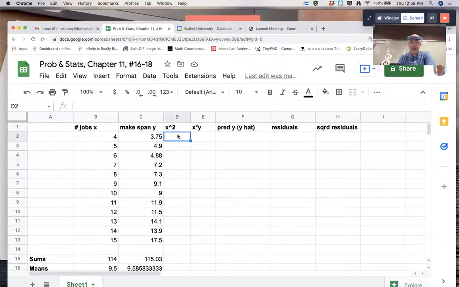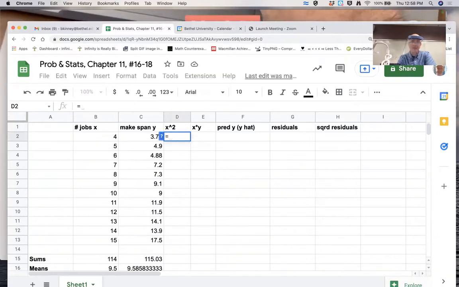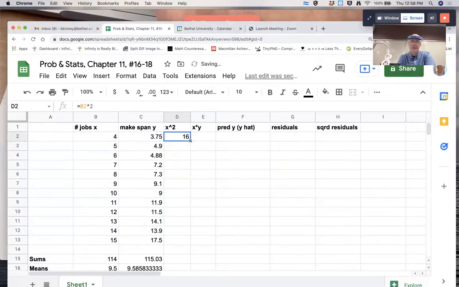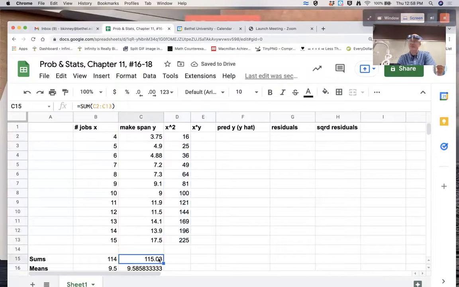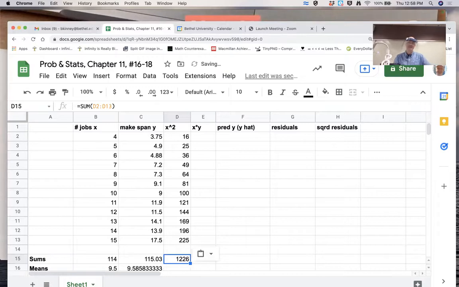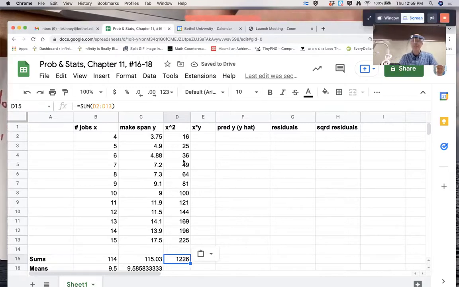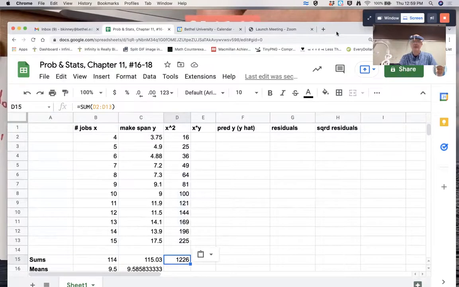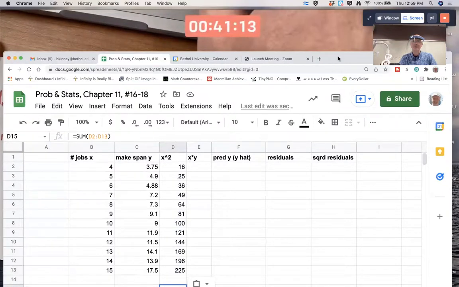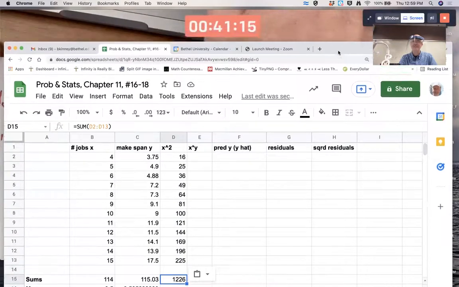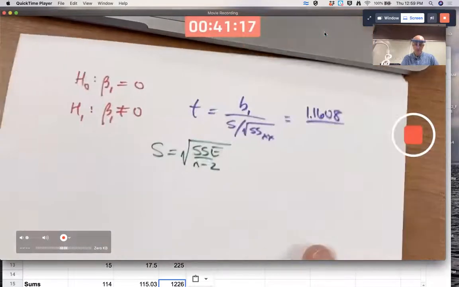We'll need it anyway. On the spreadsheet, we'd take the x values and square them. This is to help us compute SSXX, the sum of squares of x's, with that other formula that I showed you. It's 1226 here. That's not SSXX yet.